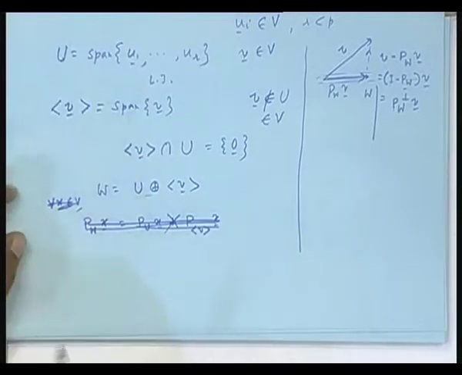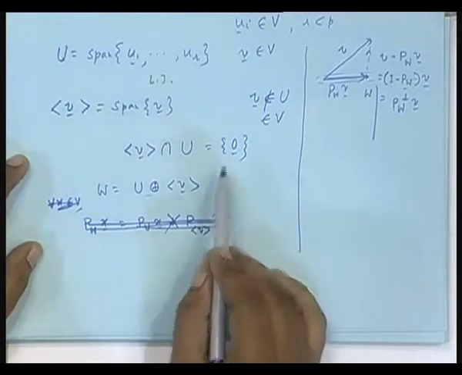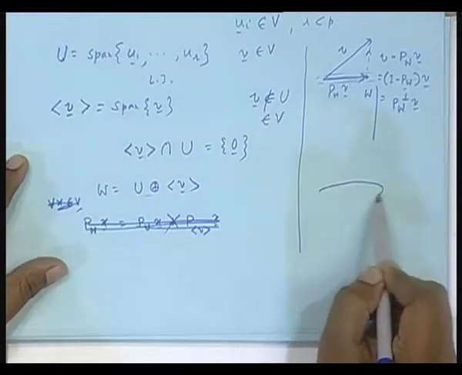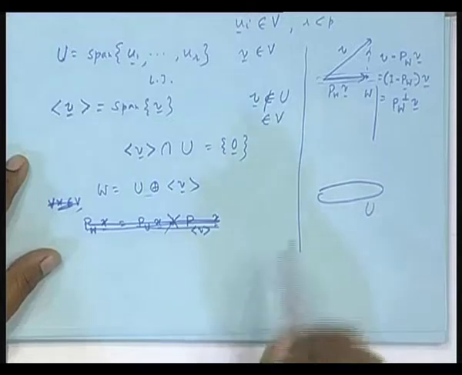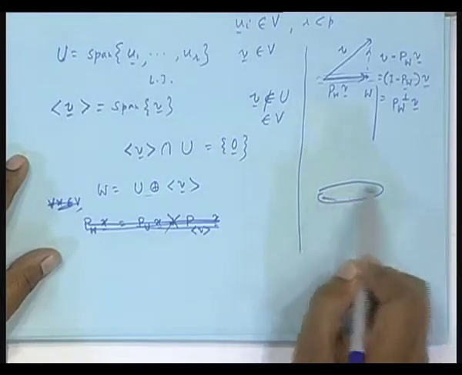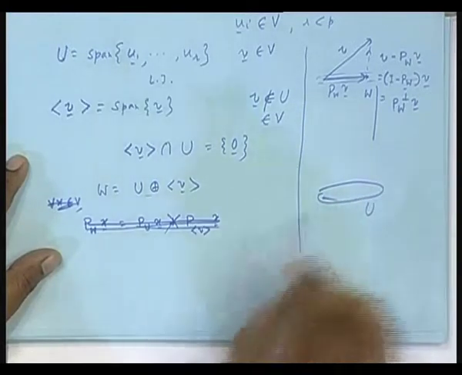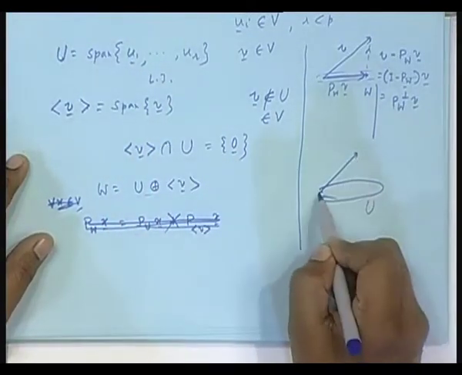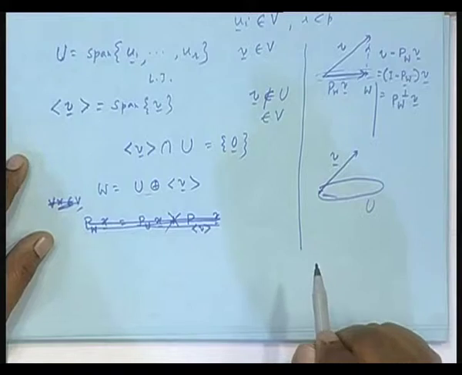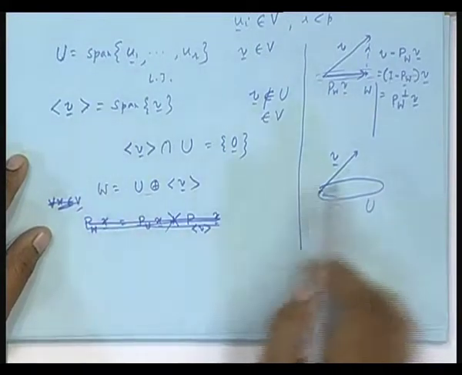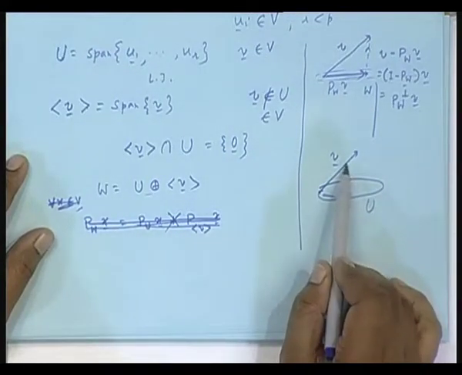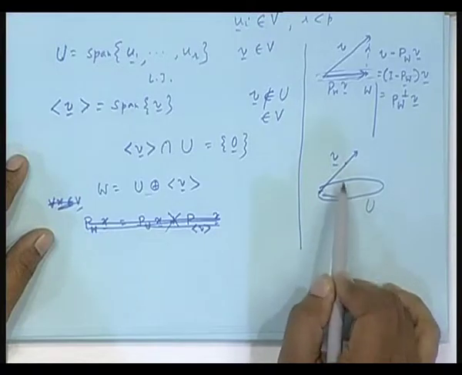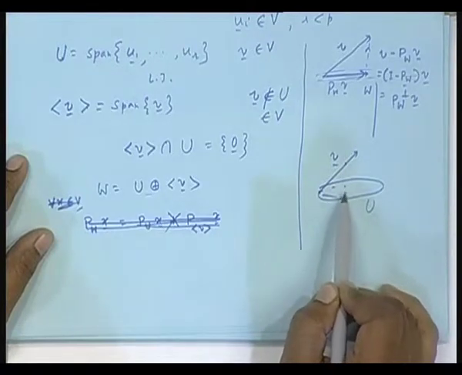Okay. Now, the way to do it is this, look at this V vector. If this is your subspace U, I am just schematically showing it, spanned by all these vectors U1 to U r, and your V vector was here. What is W? It is the span of V appended to all the elements U1 to U r, a larger basis, span of that.